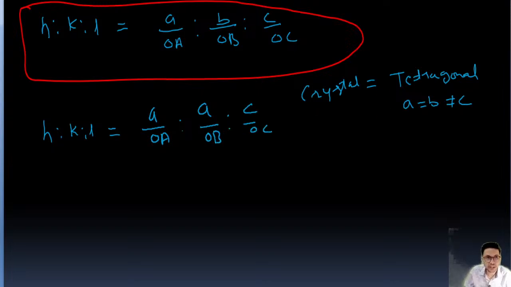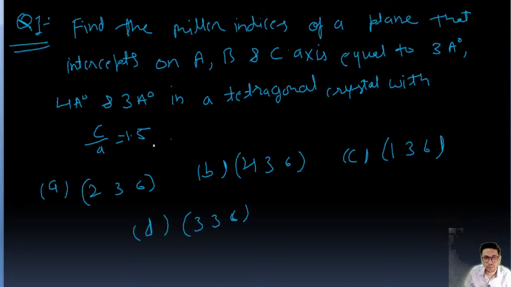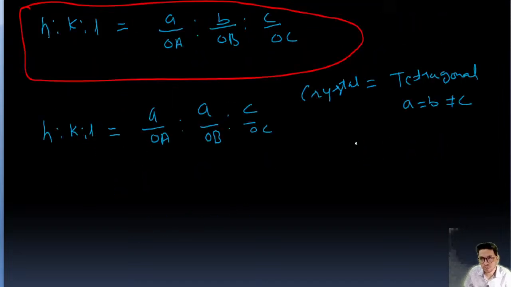And here the condition is given: C upon A equal to 1.5. Since C upon A equal to 1.5, this means the value of C is 1.5A, so in place of C, we'll put this value.